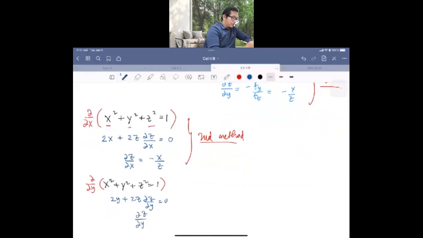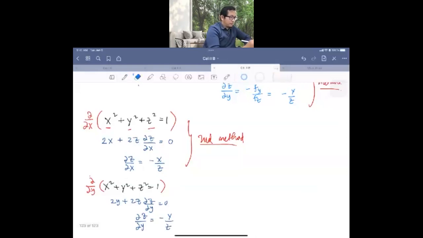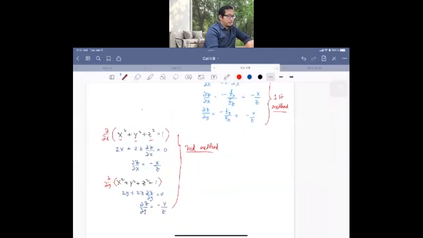Dou z dou y is negative y over z. That's the second method.